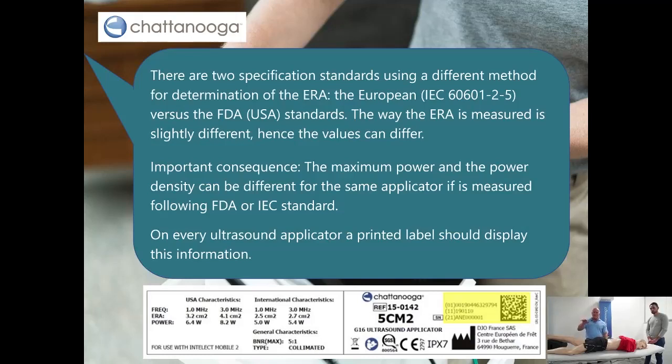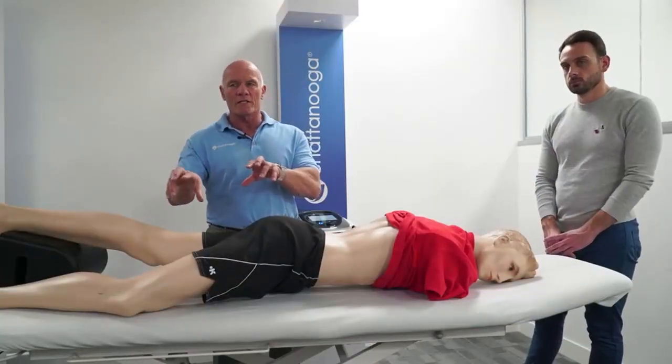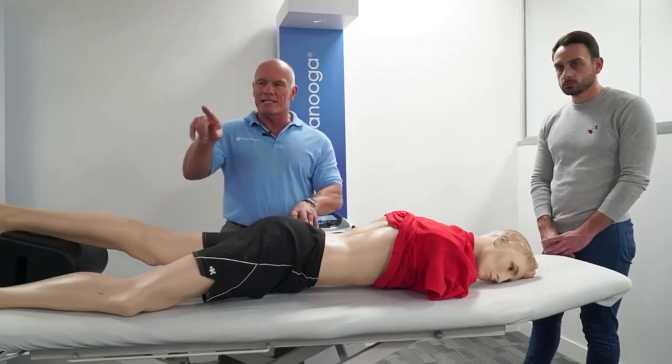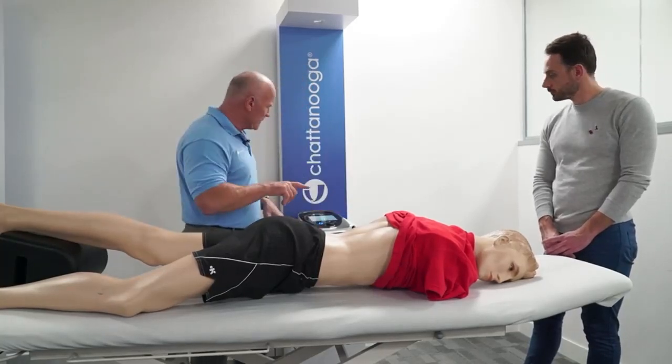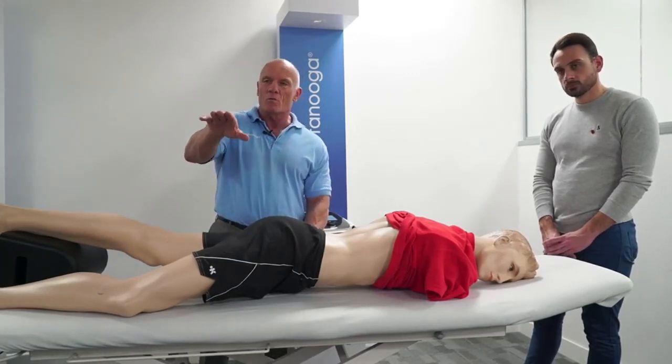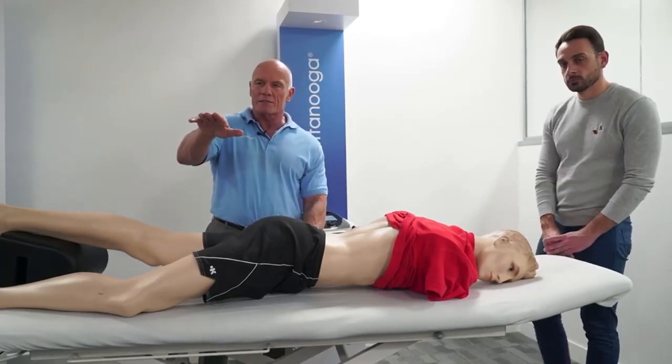Because an important consequence is the maximum power and the power density can be different for the same applicator if it's measured following the FDA or the European standards. Okay? So you'll find this label on the back of the machine, and it will actually tell you what the specification standards of that machine are, so you can do a direct comparison.